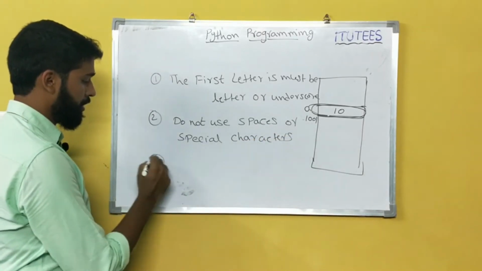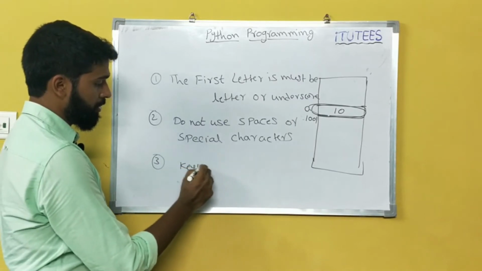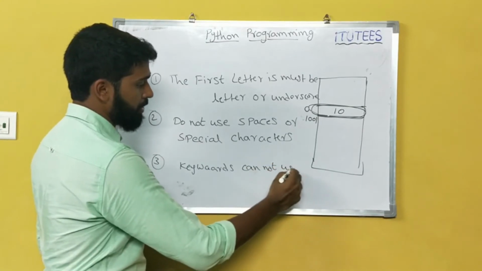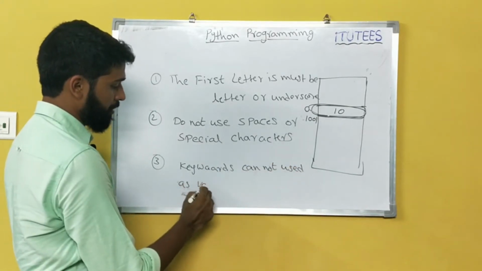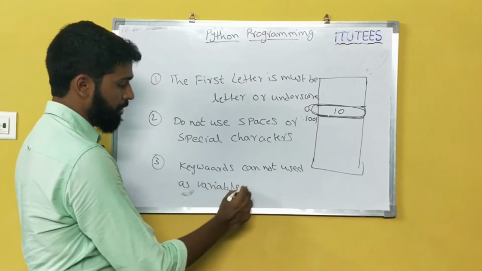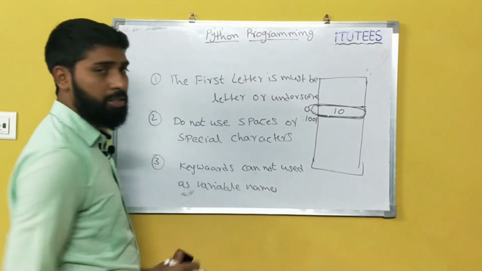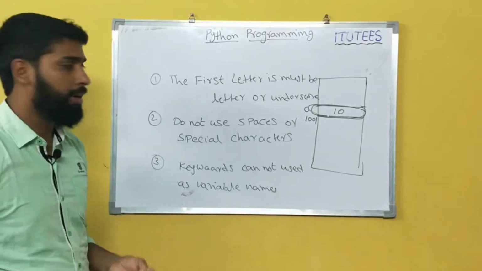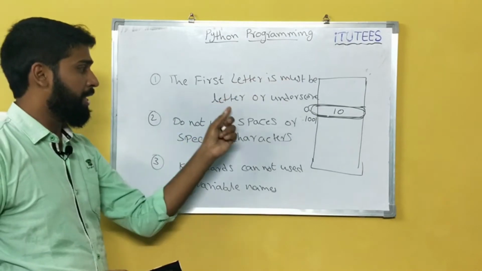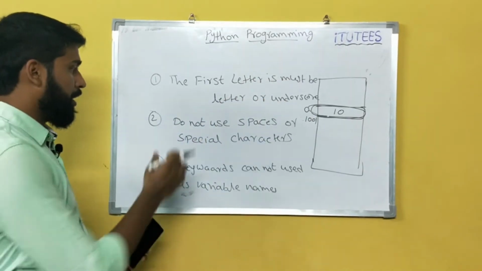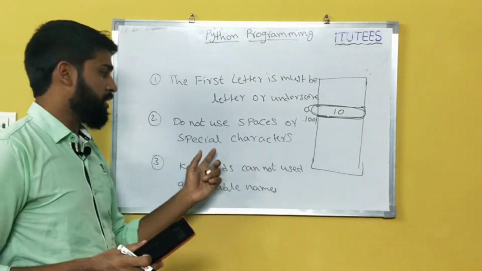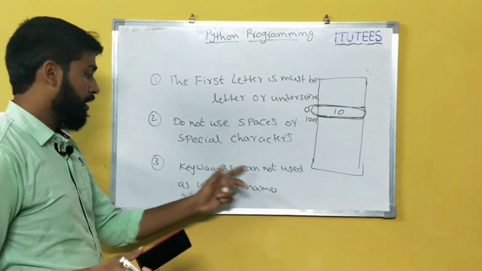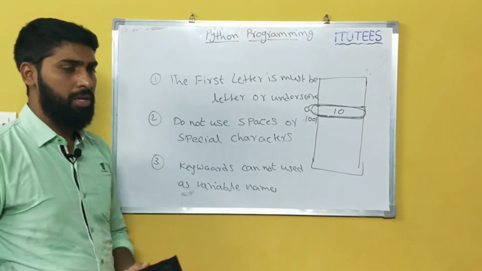And third one is keywords cannot be used as variable names. So these are the 3 important rules you can follow when you define a variable. The first letter must be a letter or underscore. Second one is don't use spaces or special characters. And third one is keywords cannot be used as variable names.